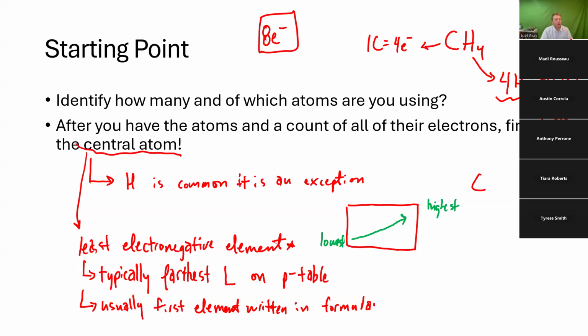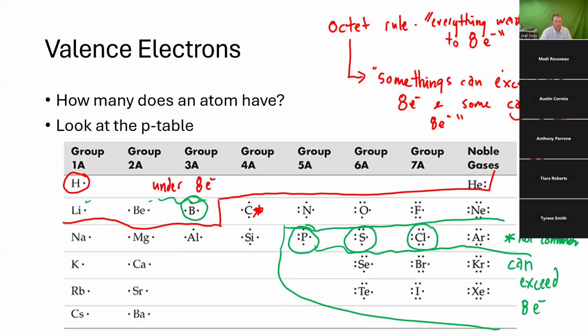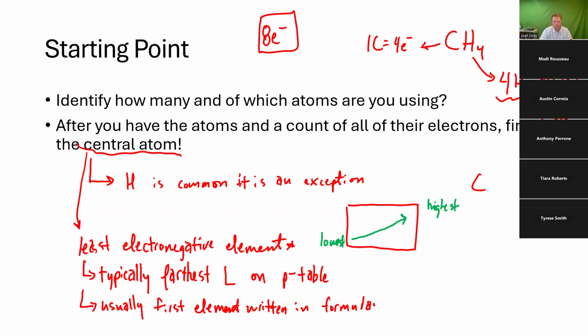Next up is typically farthest left on the periodic table. Well, hydrogen is going to be the farthest left on the periodic table compared to carbon, but again, hydrogen serves as a good exception to lots of rules. And then the last thing, usually it's the first element that's listed in the formula. More times than not, for the formulas that we will do in this class, this is going to check out just fine.